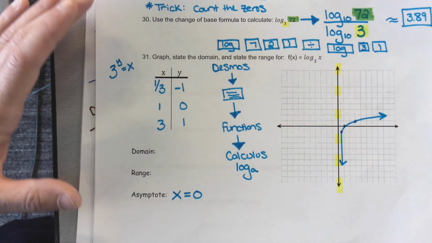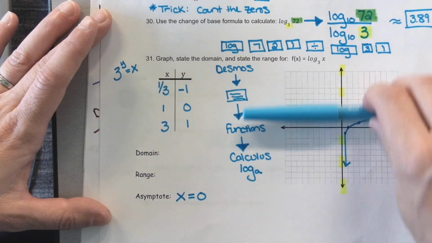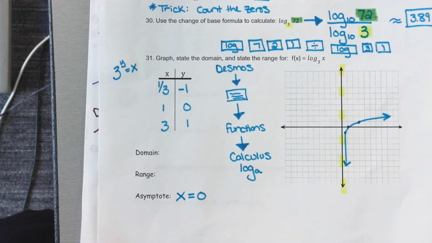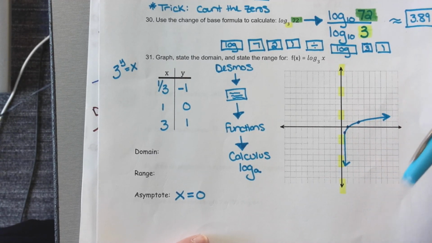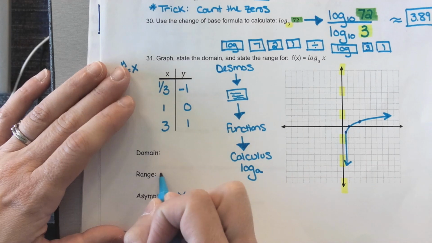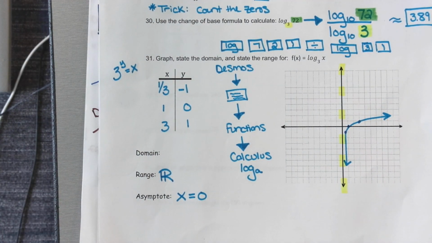All right, the range is thinking up and down. So if I think up and down with this graph, is there anything off limits? Will it go down to negative infinity? Will it continue to go up to positive infinity? Okay, so my range is all real numbers. Now, let's think about the domain though.